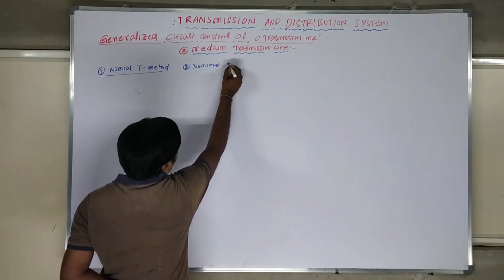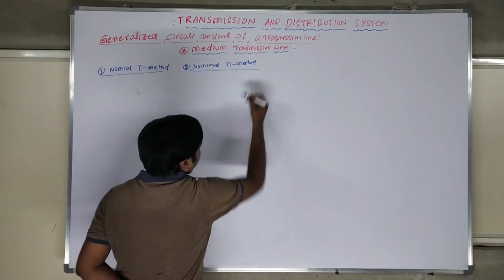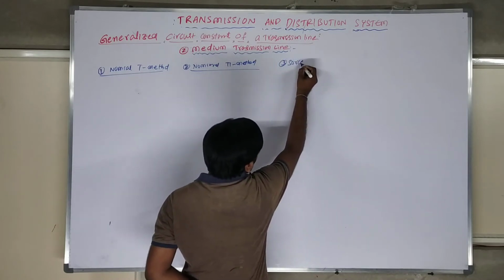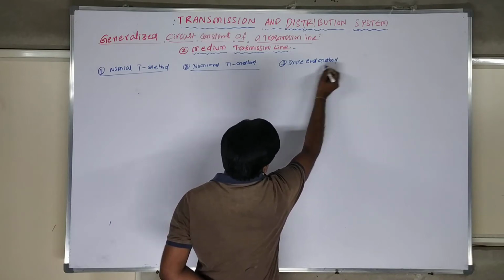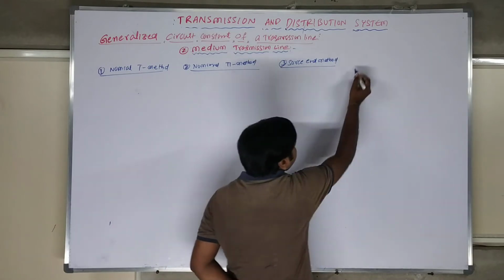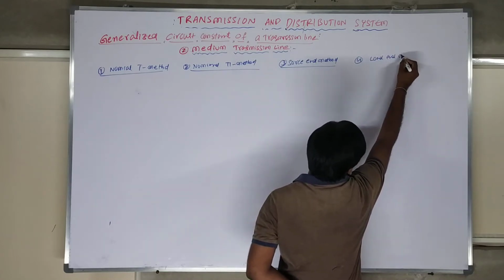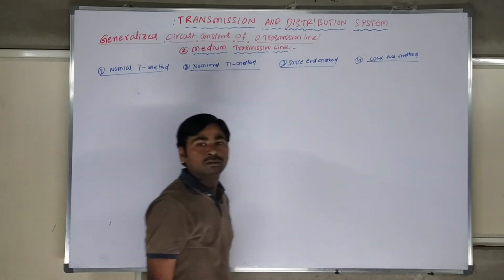Third is the source end capacitance method, or source end method. The fourth one is the load end method.